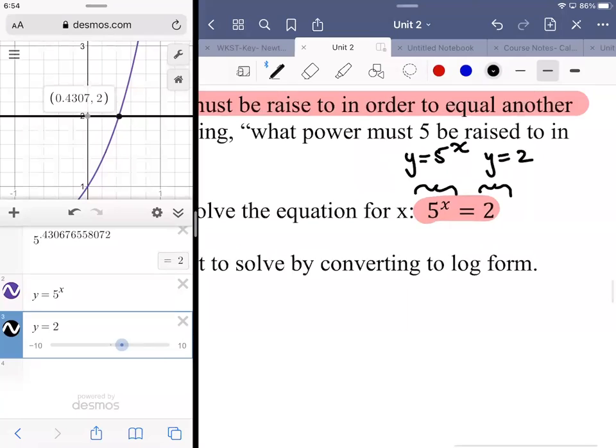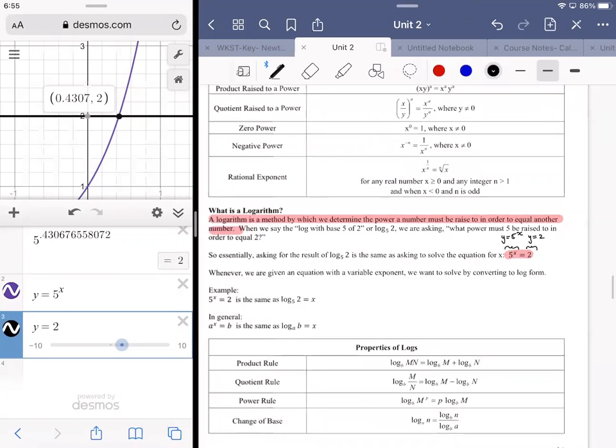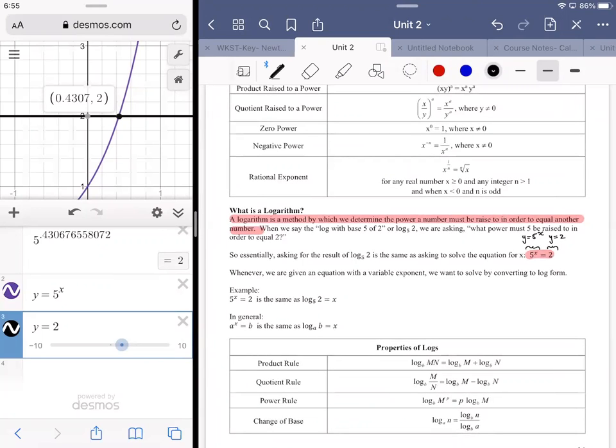All right, but another way you can do it is by finding a logarithm. So when I say find the exponent that 5 would have to be raised to in order to equal 2, I'm actually saying find the log base 5 of 2.